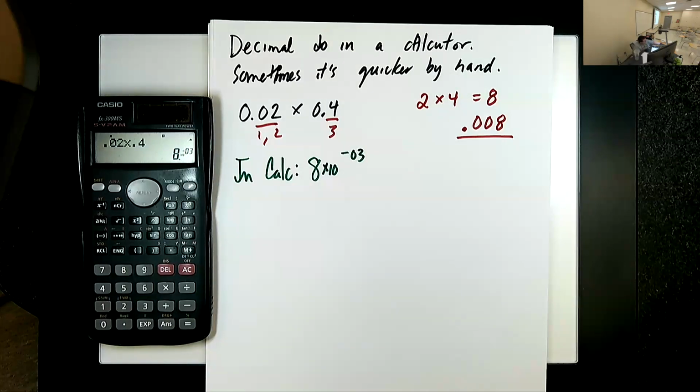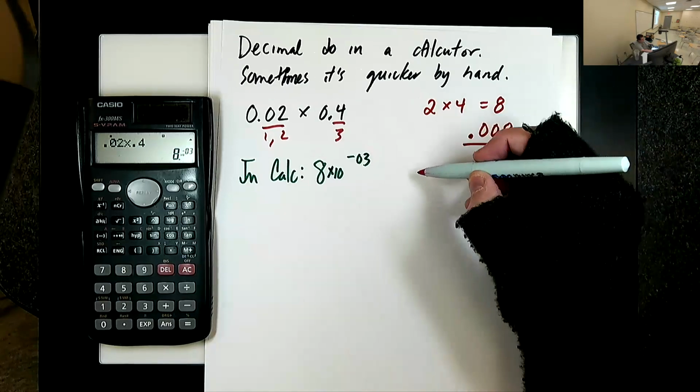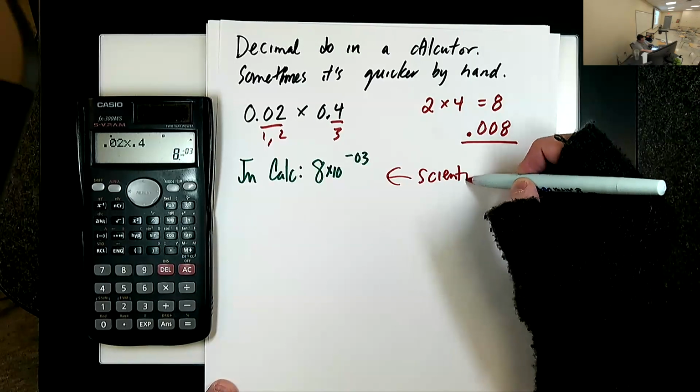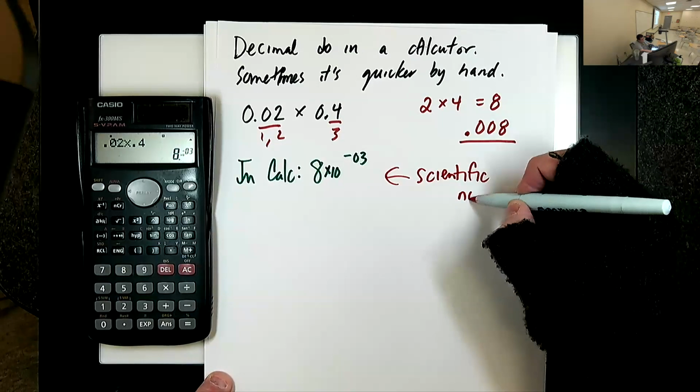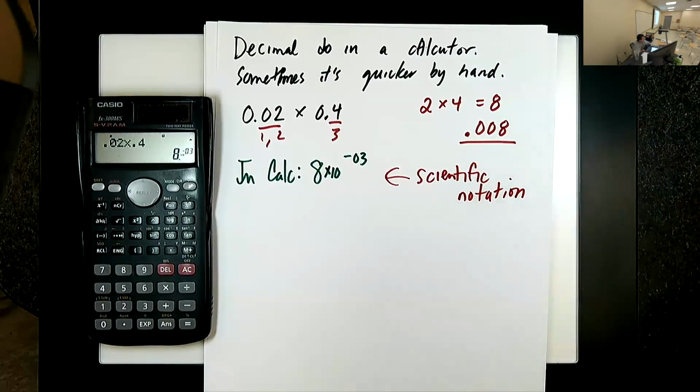This I had not planned on teaching until maybe Wednesday, going over scientific notation, maybe even Thursday. This is called scientific notation. But if you don't know how to switch in your calculator, you need to know how to do it by hand. I didn't know how to do it by calculator until I was between classes. And I still think I'll probably mess it up.